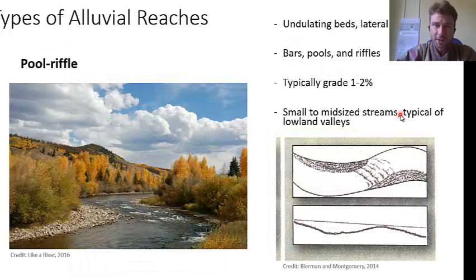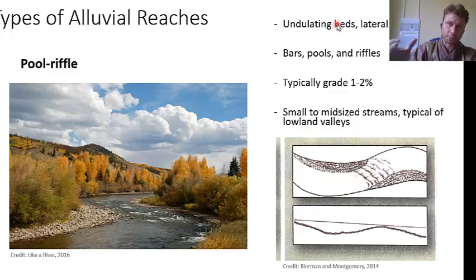Pool riffle reaches are typically what you consider when you're looking at the meandering sort of streams, where you get these undulating beds and lateral progressions. They have a combination of units in between bars, pools, and riffles, and they're typically graded from 1 to 2%.